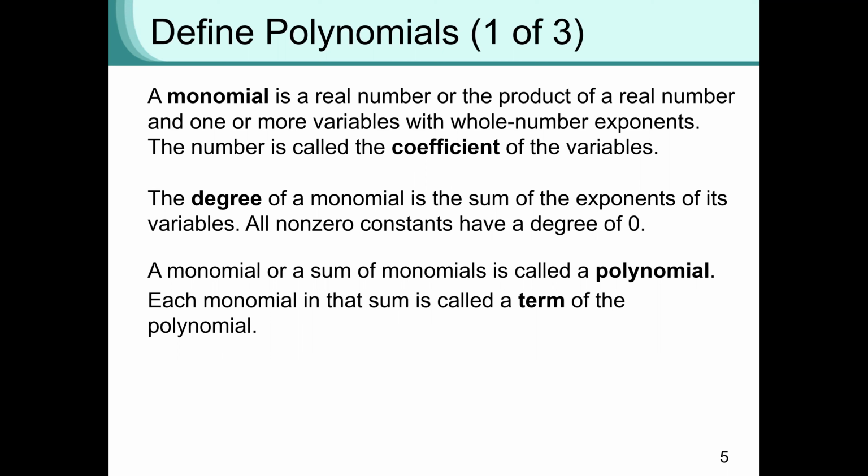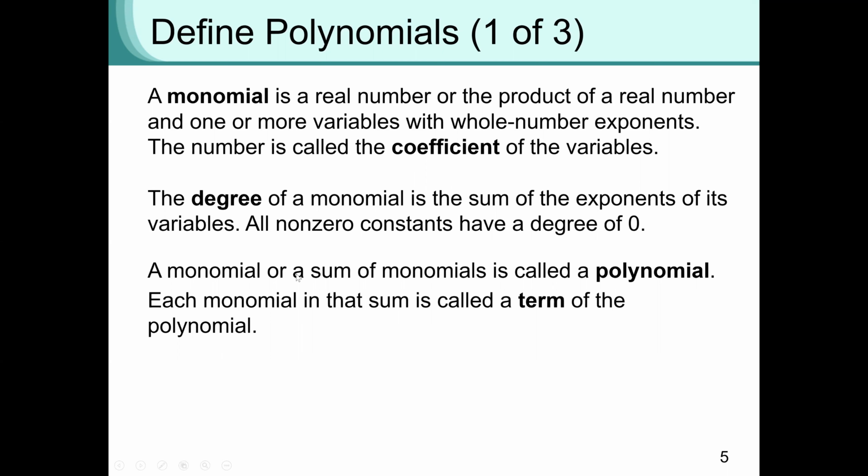The constant value 2, the degree is 0. It doesn't have any exponent. 3t, the degree will be 1 because t is raised to the exponent 1. t squared or x squared, the degree is 2.